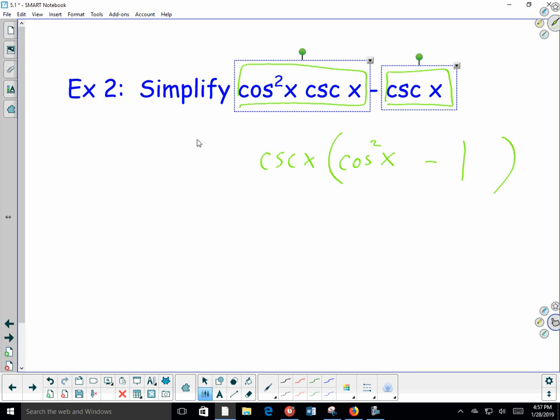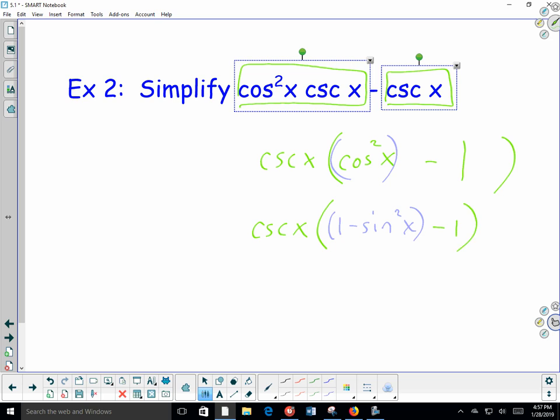All right, and notice here I have cosecant x, and then really if I see cosine squared, I know from my identities and from my flashcards that that's equivalent to 1 minus sine squared, right? We agreed we were going to make one of our flashcards look like cosine squared on one side and 1 minus sine squared on the other.